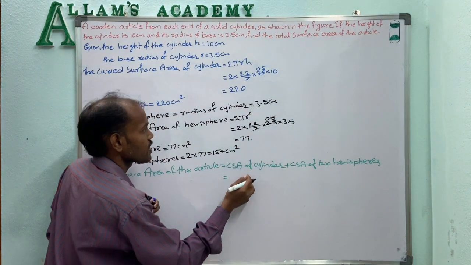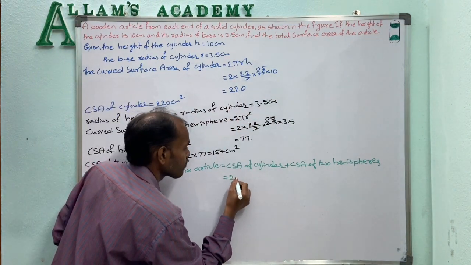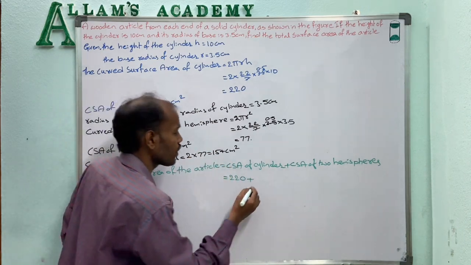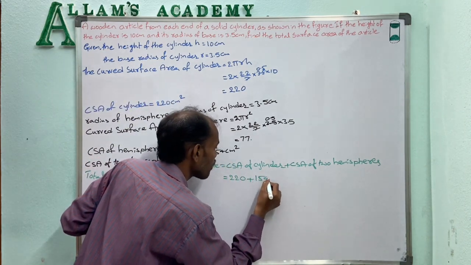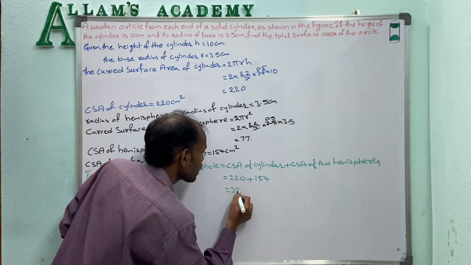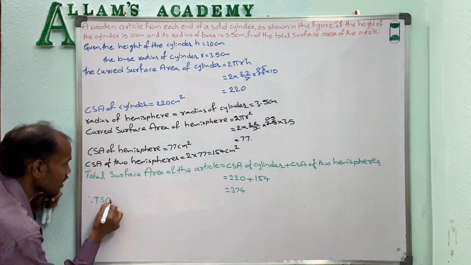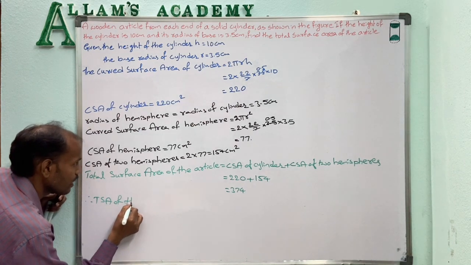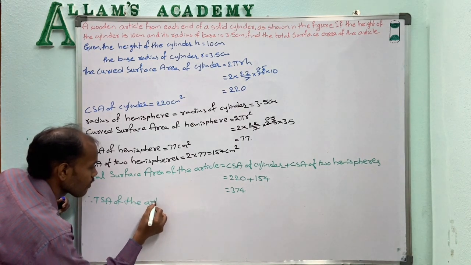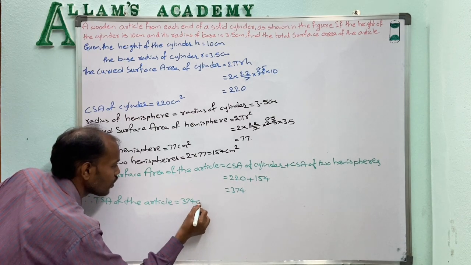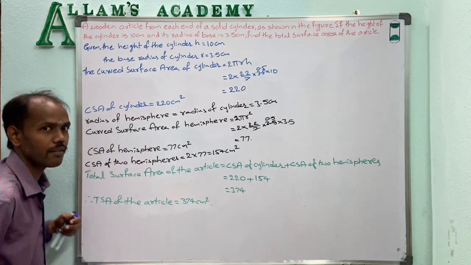The curved surface area of the cylinder is 220 and of the two hemispheres is 154. So 220 plus 154 is 374. Therefore the total surface area of the article equals 374 centimeters square.